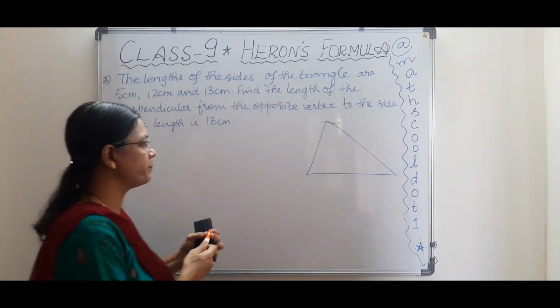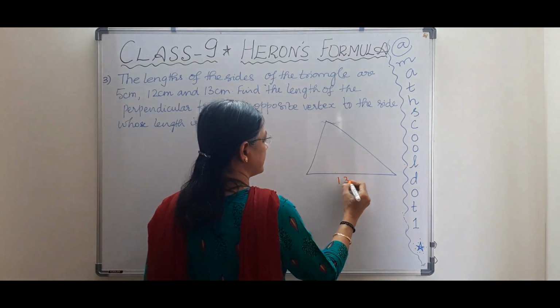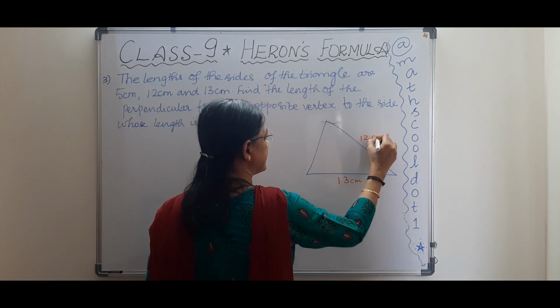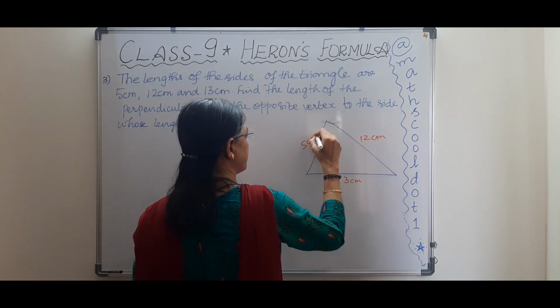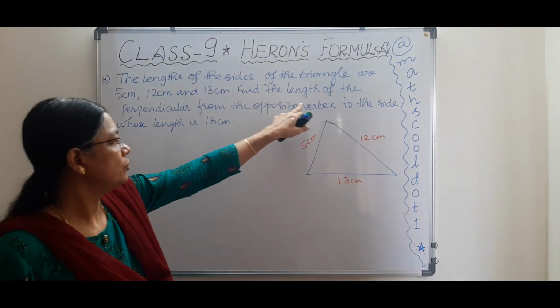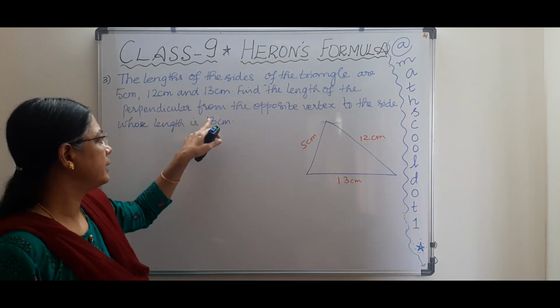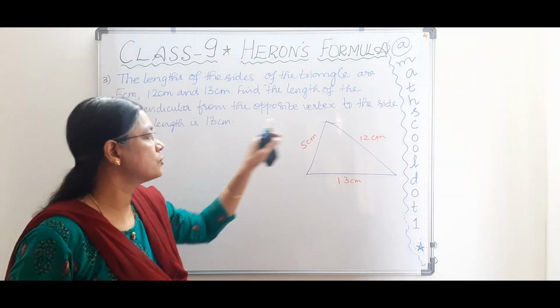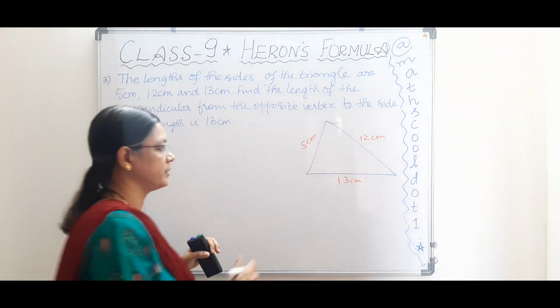See, first they have given you the sides of the triangle. Let me take this as 13 centimeter, 12 centimeter, 5 centimeter proportionately. So 13 centimeters here. They have asked to find the length of the perpendicular from the opposite vertex to the side whose length is 13 centimeter.